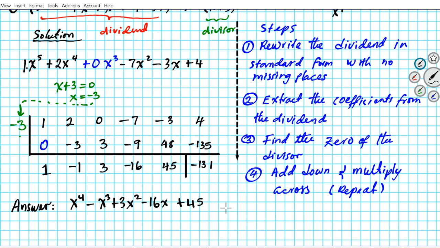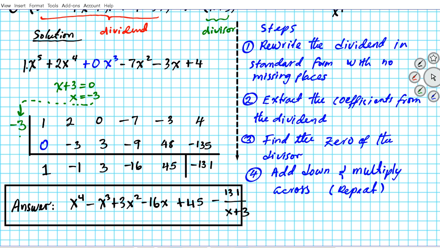Remainder, -131. So we can write minus 131 divided by the divisor, which is x plus 3. Ladies and gentlemen, this is the result of the division problem using the synthetic division algorithm.